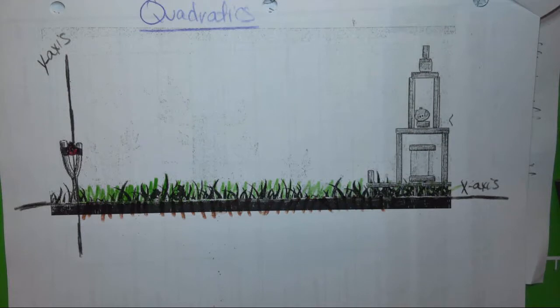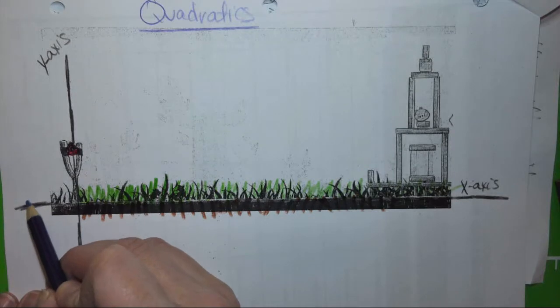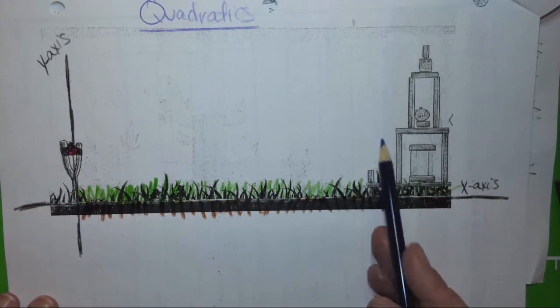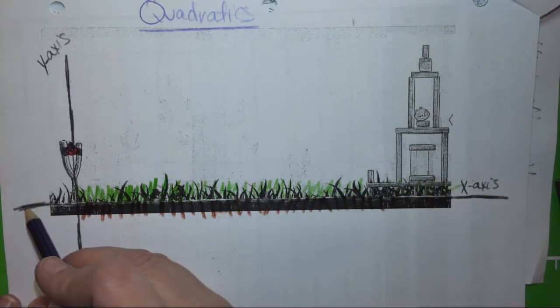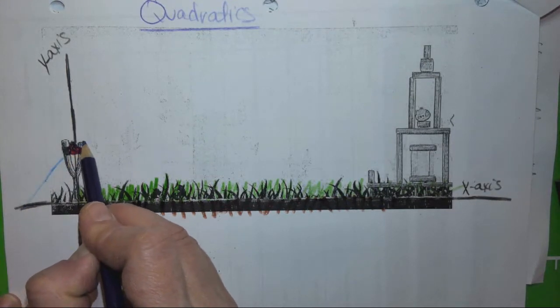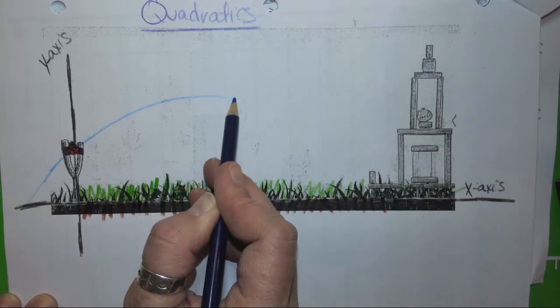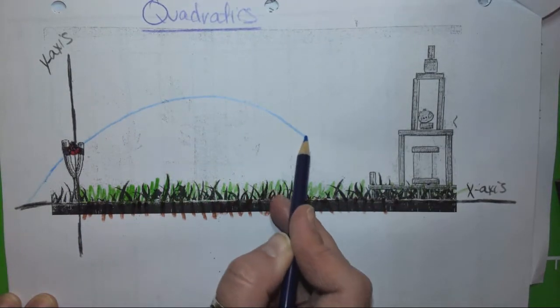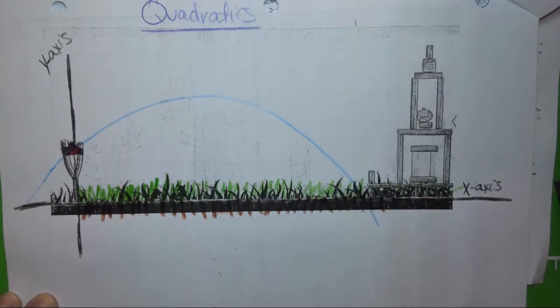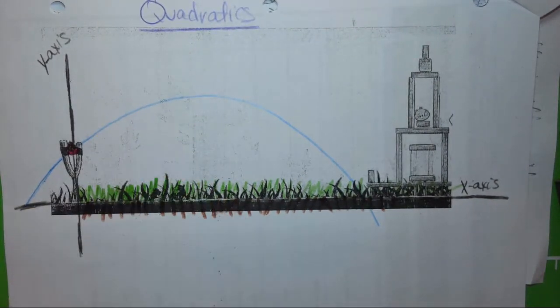And when you draw your graph, the pathway of that bird, I want it to end before you hit the pigs. So I'm going to draw that. Now this is a parabola. So that is the path of my bird.